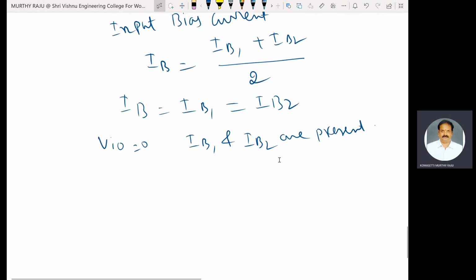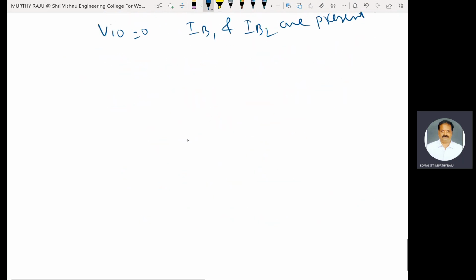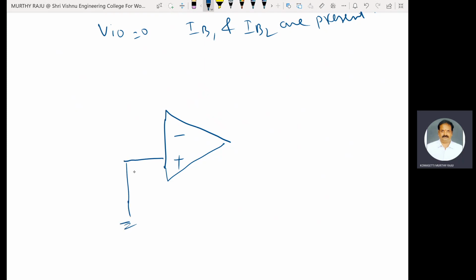The second case is the output offset voltage due to input bias current, that is V0IB. Simplify the circuit diagram in both the non-inverting amplifier case and the inverting op amp case with feedback. We use the same circuit. This one is connected to ground. This voltage is V1. This one is IB1, the bias current.